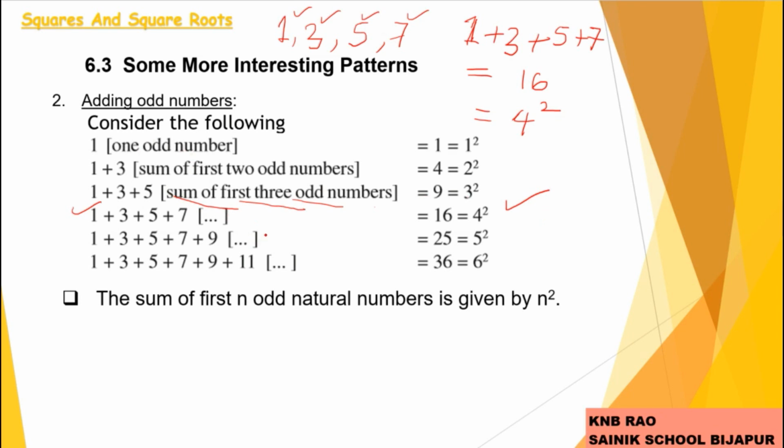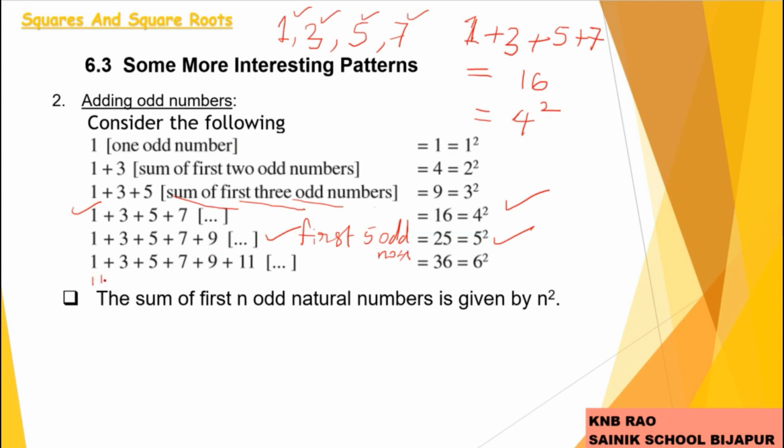Sum of first 5 odd numbers gives 5 square, which is 25. So this is one of the interesting patterns which is going to help us in later stages of this chapter.